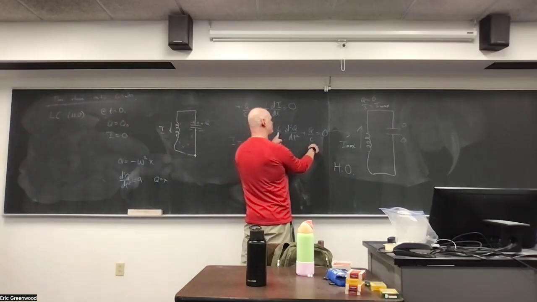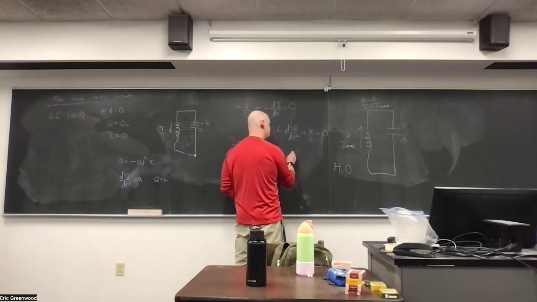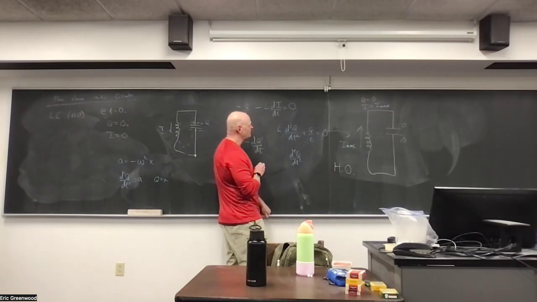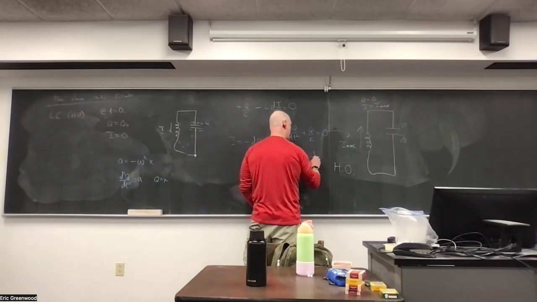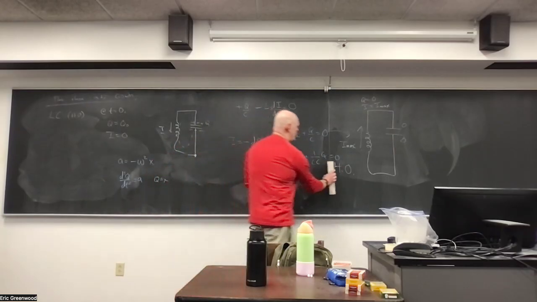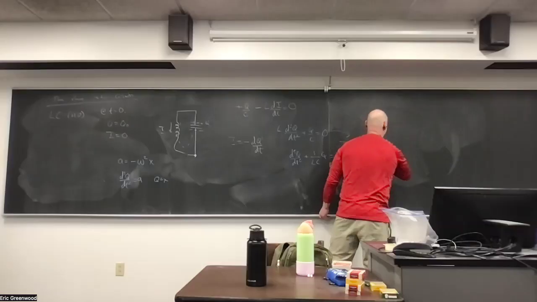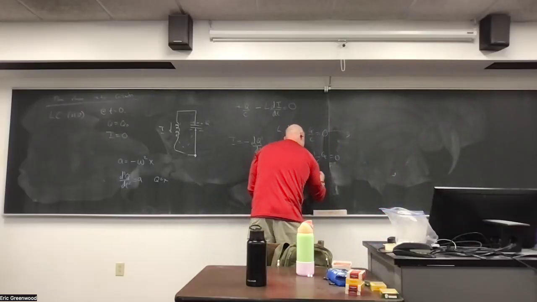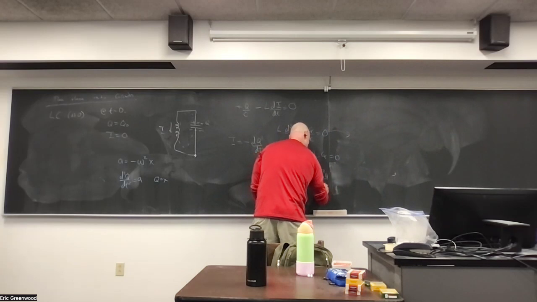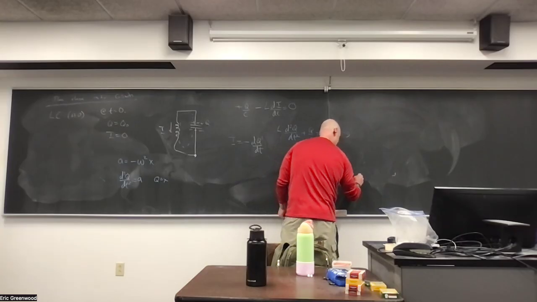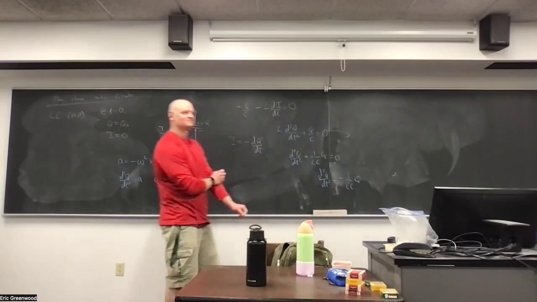So first of all, I'm going to divide the whole thing through by an L. So I'm going to get the second time rate of change of the charge plus 1 over LC times the charge is equal to 0. Or let's subtract that guy from the other side. So we then get that the second time rate of change of the charge is equal to minus 1 over LC times the charge.